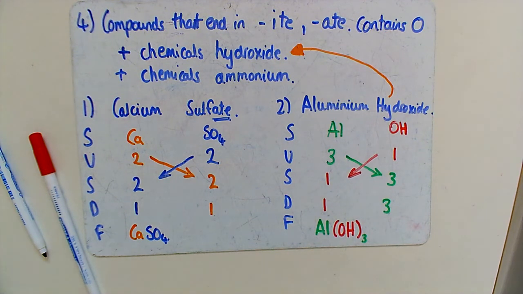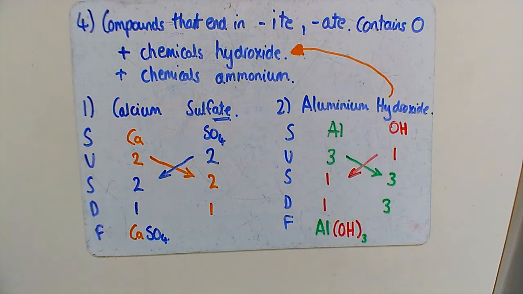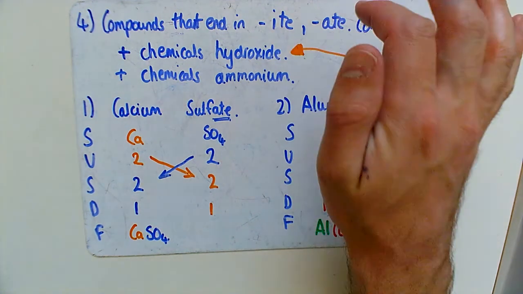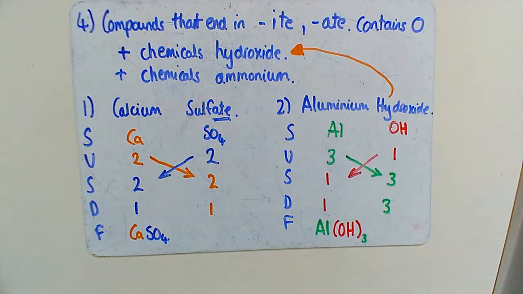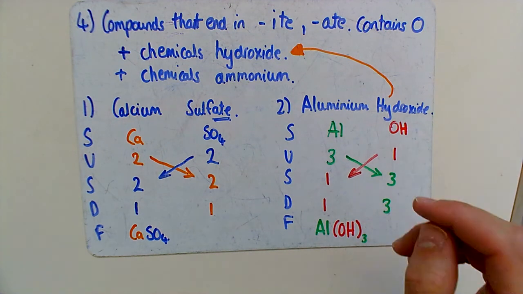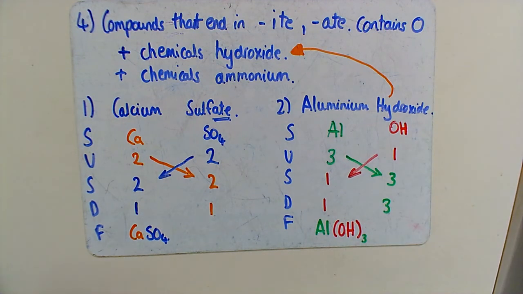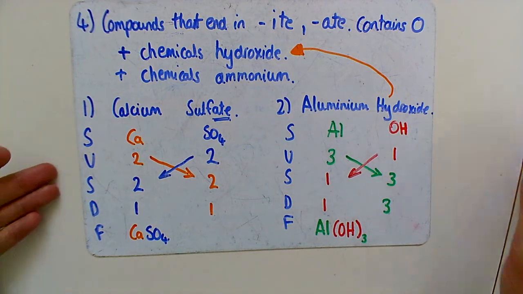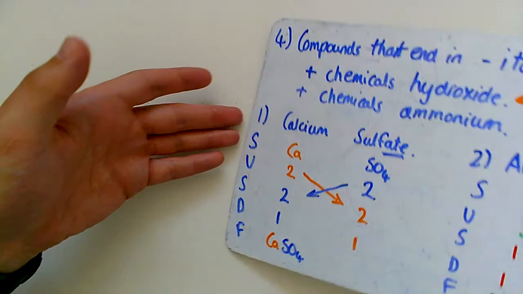So that's how we deal with compounds that end in ate, hydroxide, or ammonium. We just use page 8, and on page 8 we get the symbol that we're going to use, and whatever number is written at the top of the column is the valency.